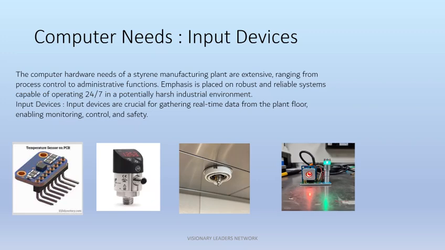Input devices are crucial for gathering real-time data from the plant floor, enabling monitoring, control, and safety. Some of these input devices are temperature sensors, pressure sensors, flame sensors, and vibration sensors. All these are present on the site to detect any malfunction so that explosions can be minimized in styrene production.